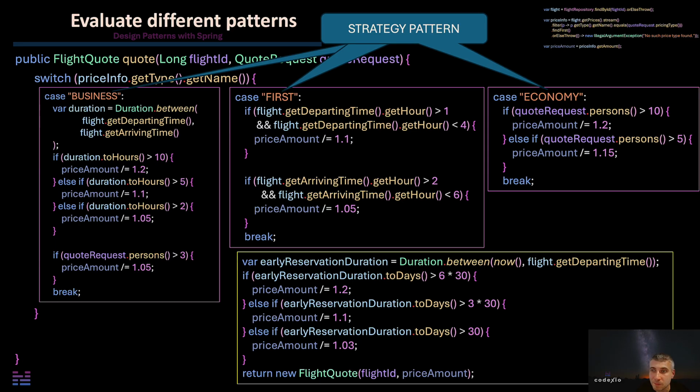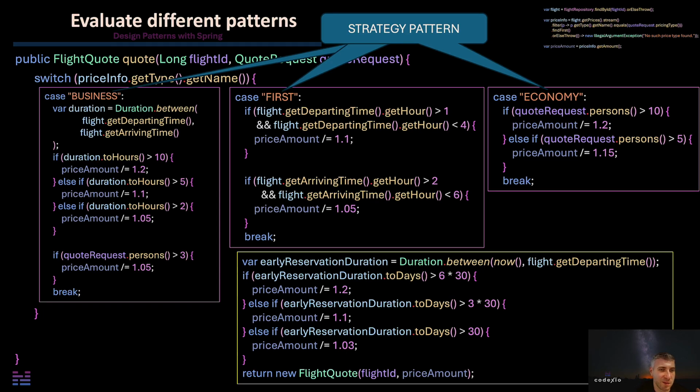But you can see also that there are not only things where only one of them happens, so only one strategy being chosen, but there are things that are happening chained one after the other. For instance, we have the departing and the arriving time of the first class, which both can coexist.